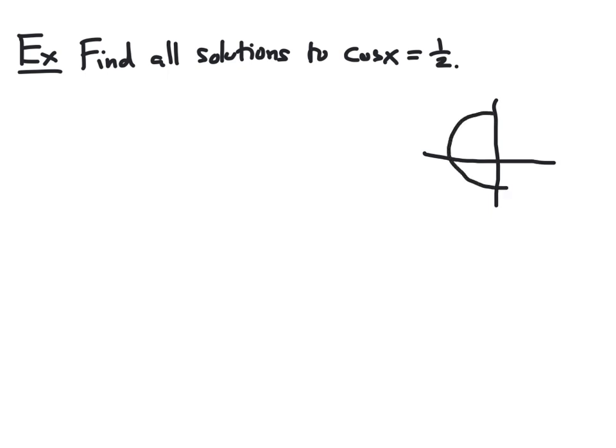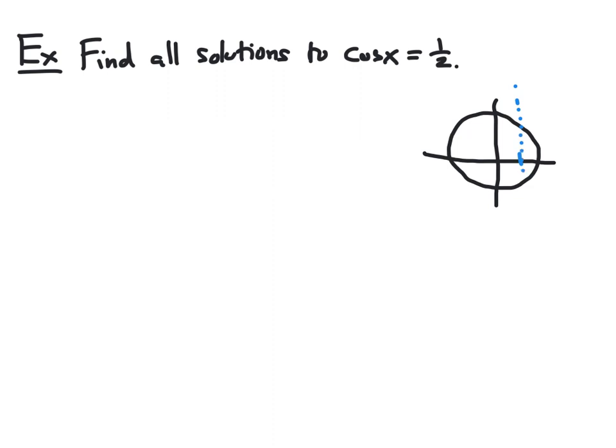So if we have our unit circle here, we know that the cosine represents the x-coordinate of the point on this circle. And so what we're looking for here is all points where the x-coordinate is equal to 1/2. So 1/2 would be right around here on the x-axis.